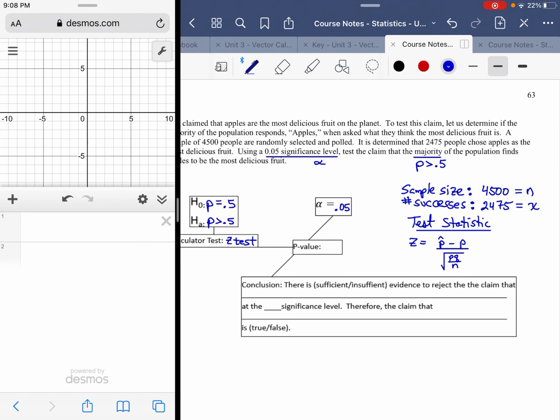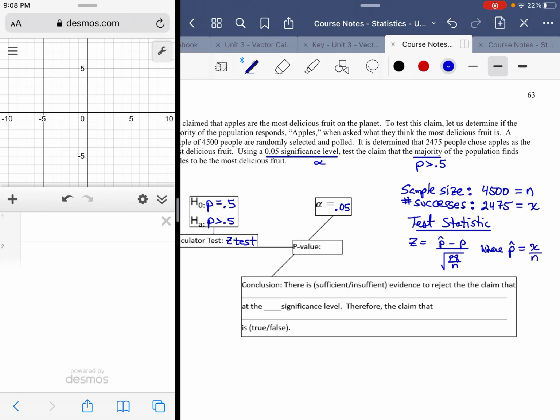That p hat is the ratio of x to n, where p hat is equal to x divided by n.